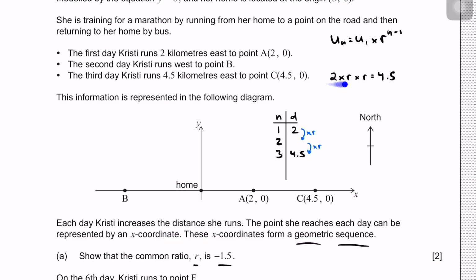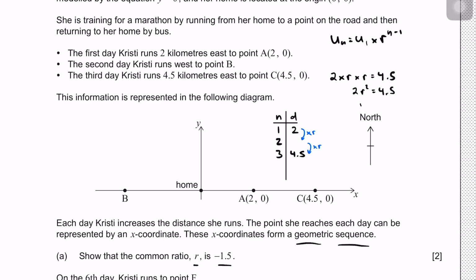And now we have an equation just in terms of r, so we can go ahead and actually solve this. So 2 times r times r is equal to 4.5. If we were to rearrange this slightly, what could we have? 2 times r times r is 2r squared. We could already solve this and that would be fine. 2r squared is equal to 4.5.